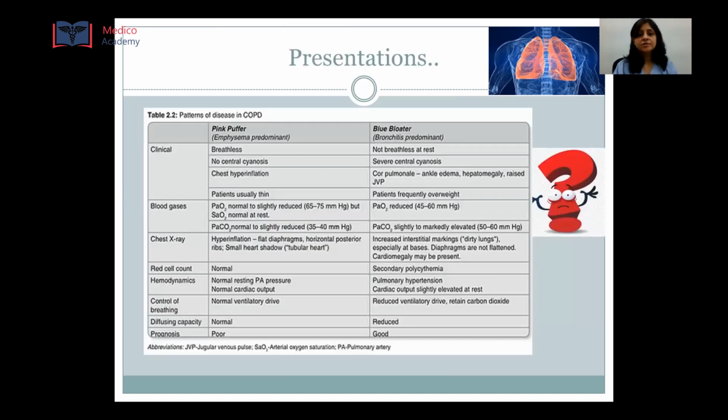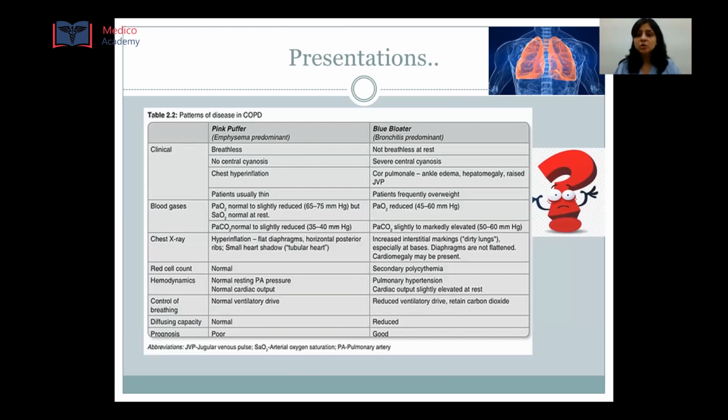Now, the presentation of COPD as earlier described was into broadly two categories, pink puffers and blue bloaters. Pink puffers, which are emphysema predominant, blue bloaters, which are bronchitis predominant. Again, there is a lot of overlap in that. If we talk about the clinical features, the pink puffers will be the ones who are breathless, who will not have central cyanosis, who will have chest hyperinflation, and if you look grossly at these patients, they will usually be underweight, they will be thin.